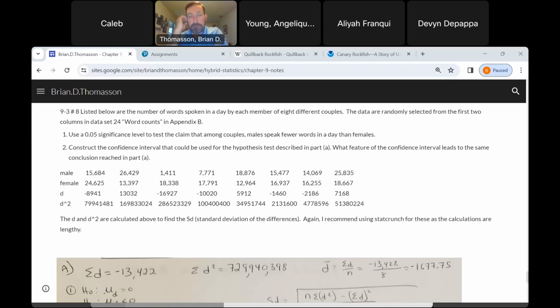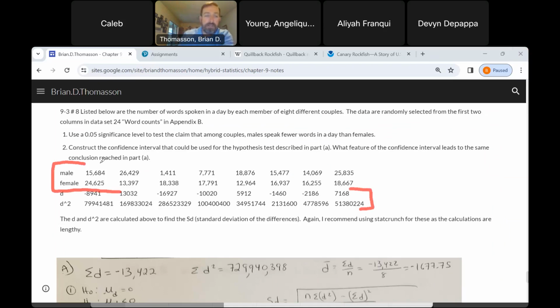Okay, so we have these couples and they're trying to figure out, does the male speak less than the female or not? What we were given in this problem was just these first two rows of data, just the word counts. All this other stuff below it is just me working this out by hand to calculate all these things we need. It's very tedious, okay?